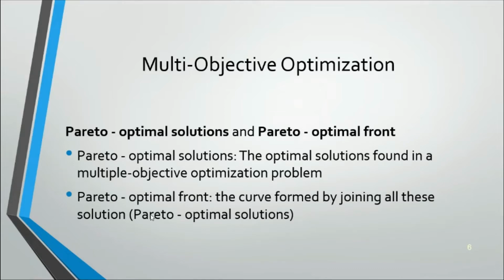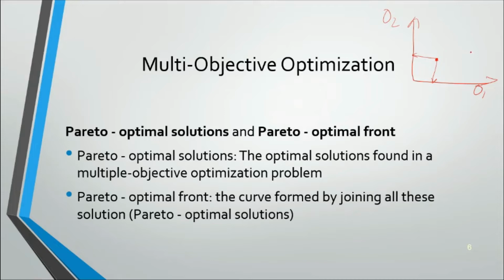Suppose we have only two objectives. O1 is represented on the x-axis and O2 on the y-axis. This is the objective space, where the objective values are represented. There is a particular solution with a corresponding value of O1 and a corresponding value of O2.